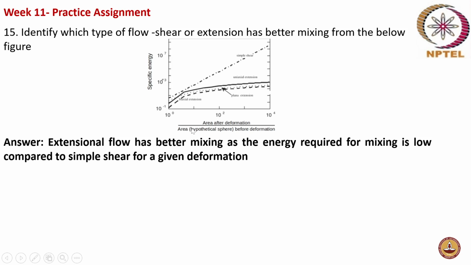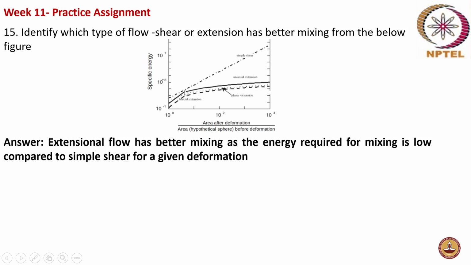The x-axis is deformation, and the y-axis is energy. For simple shear there is a continuous and high increase, whereas in extensional flow, whether uniaxial or biaxial, the energy required is lesser.